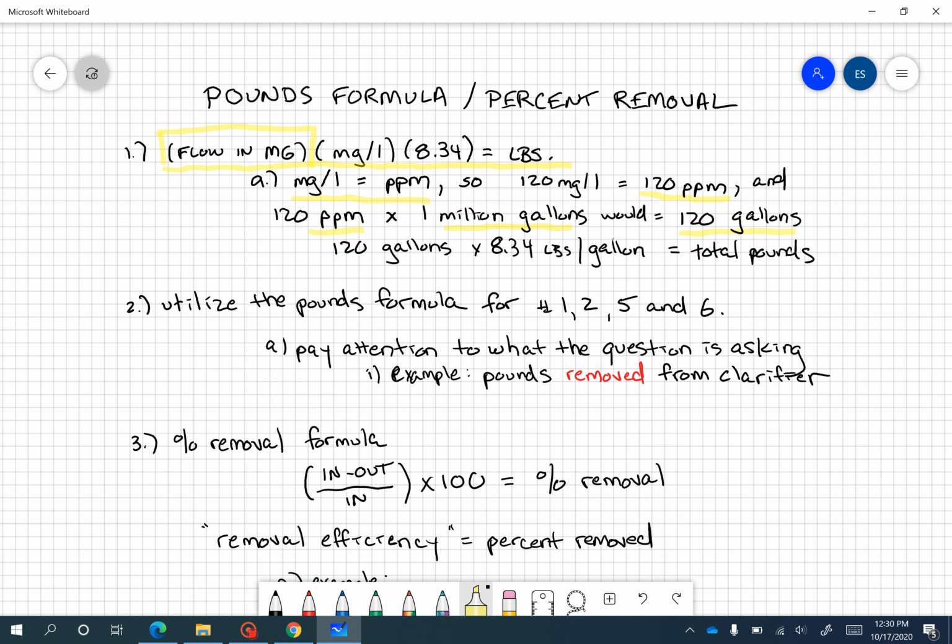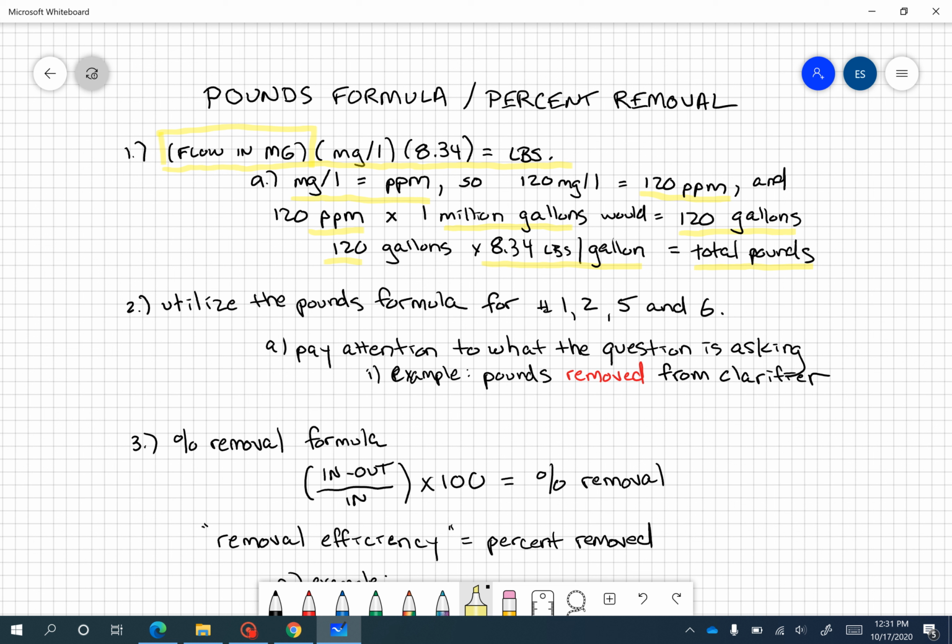And then at that point, since you have 120 gallons or 120 parts, if you multiply that 120 times 8.34 pounds in a gallon, that would give you the number in total pounds.